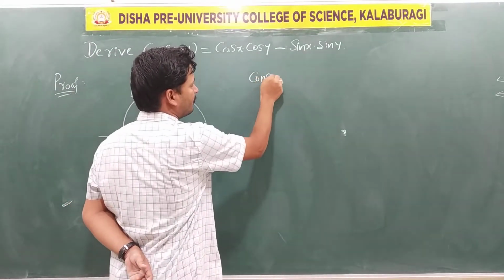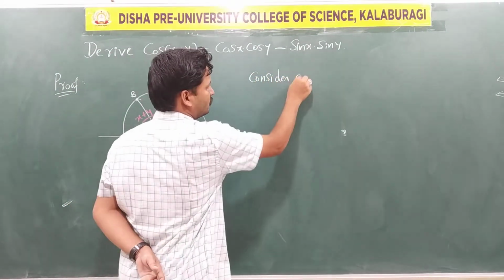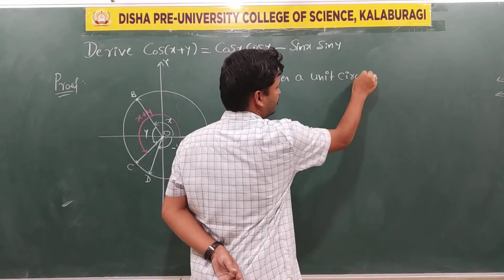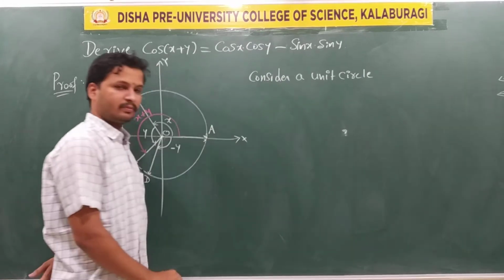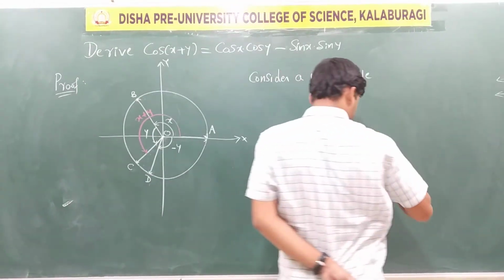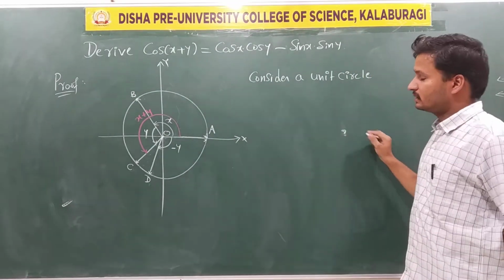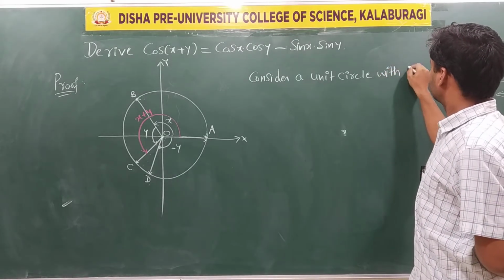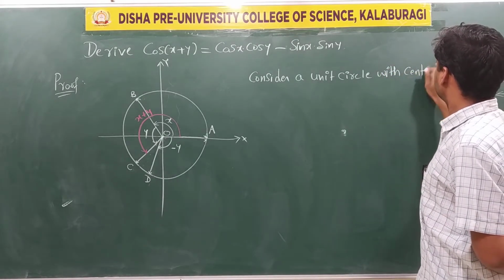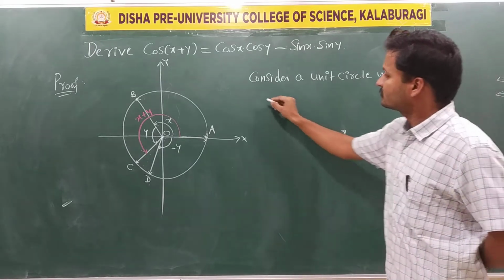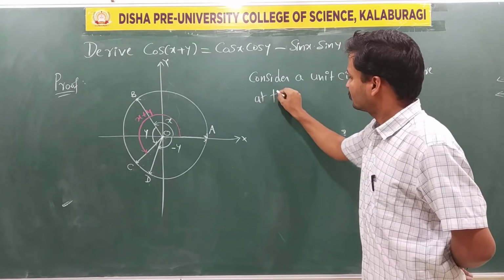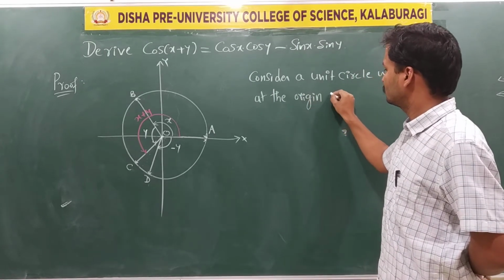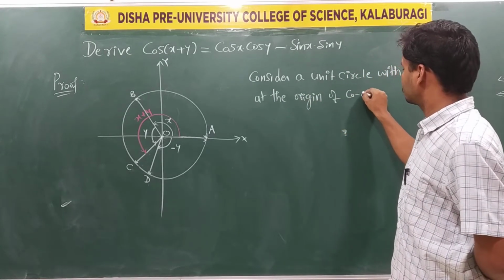Consider a unit circle. Unit circle means a circle whose radius is 1 unit. Consider a unit circle with center at the origin of the coordinate system.